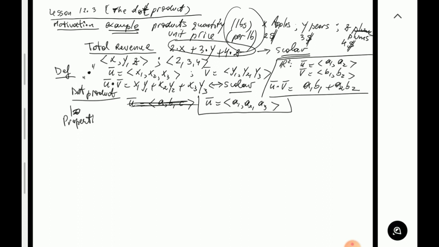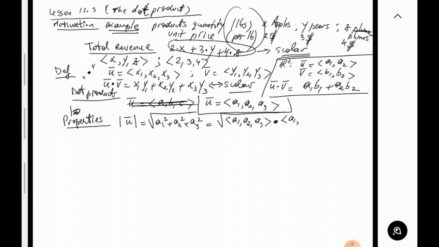And let's talk about some properties. Remember, the magnitude of a vector is the square root of a1 squared plus a2 squared plus a3 squared. Notice that I can write this summation of the squares under the radical as the dot product of the vector a1, a2, a3 with itself.